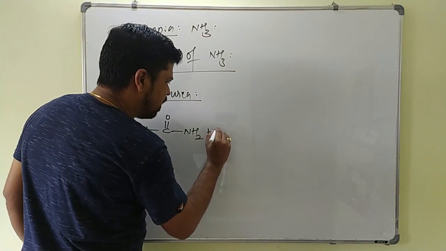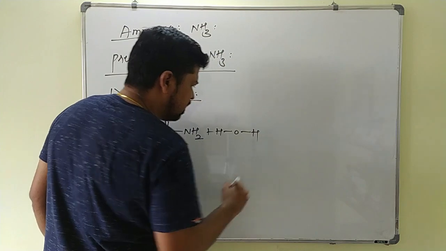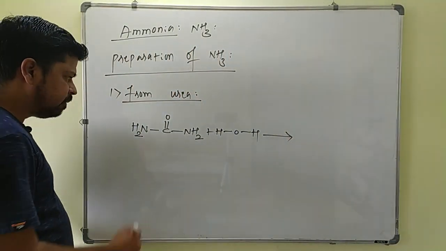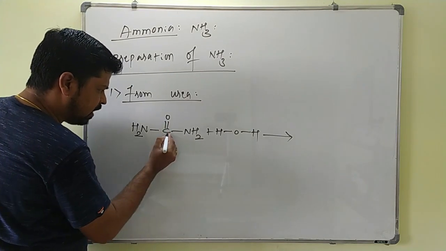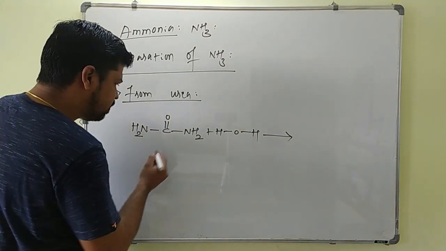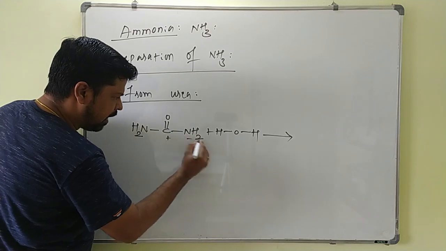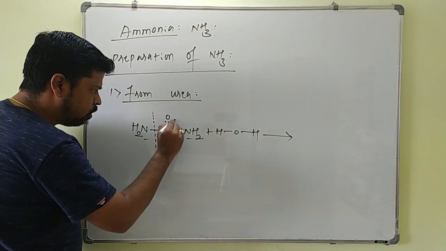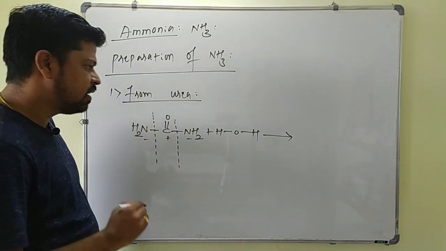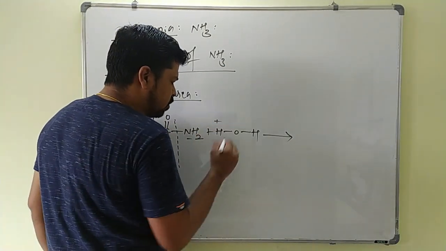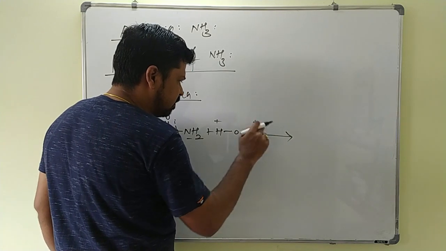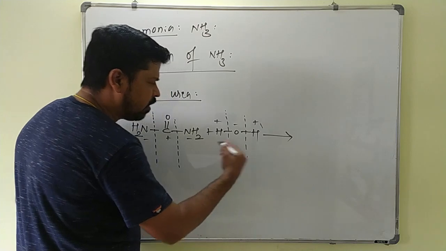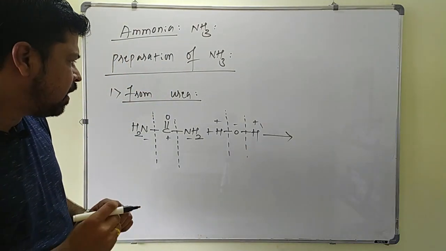This on hydrolysis with water. What is hydrolysis? The reaction with water. Now you see here carbon and nitrogen. Carbon is electropositive, nitrogen electronegative. I will split this molecule into positive and negative parts. Here also the same thing, hydrogen is electropositive, plus charge, and this is minus 2. So we split the molecule into positive and negative parts.